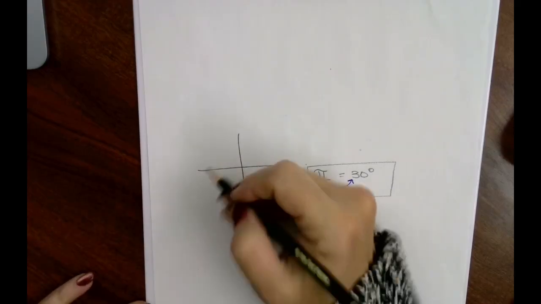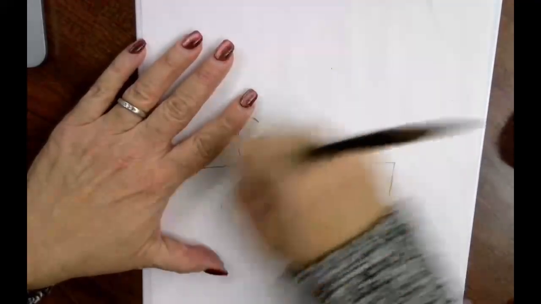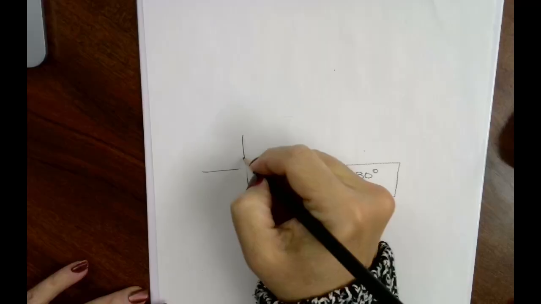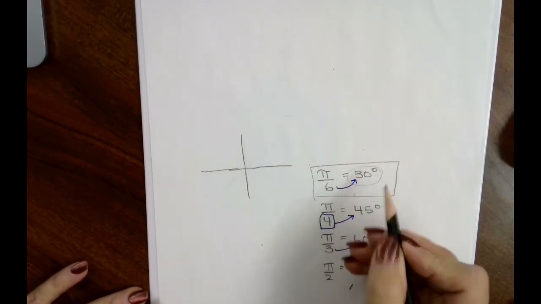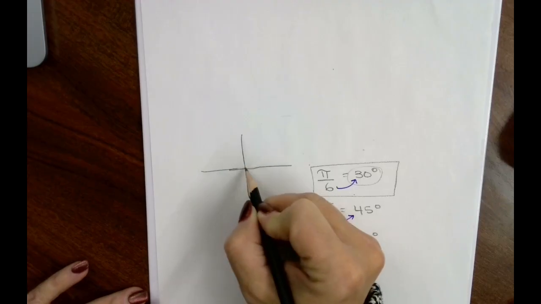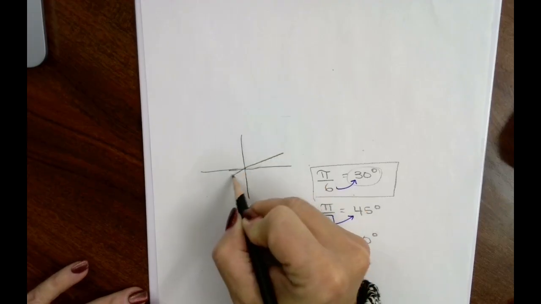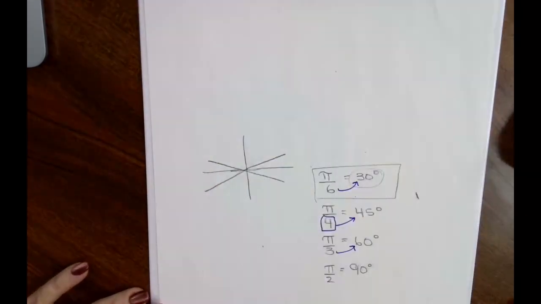So if I was to look at, for example, this one, pi over 6, this is a 30-degree angle. So if I have a 30-degree angle, it's not going to be as big as my 45. So I'm going to have something that looks like this. And then on this side, I would again have something that looks like that.